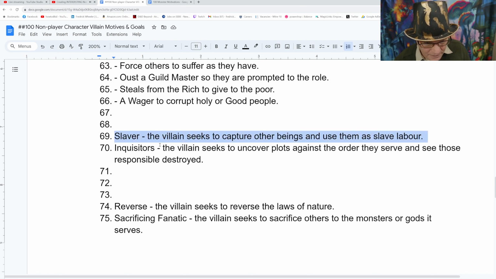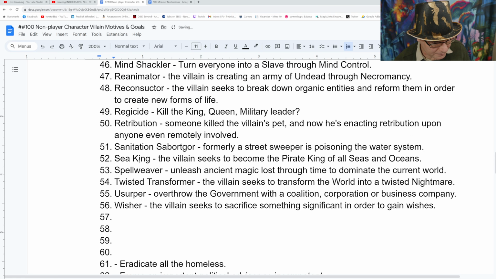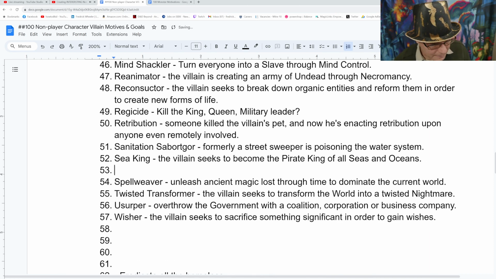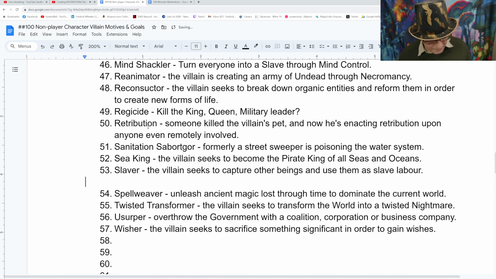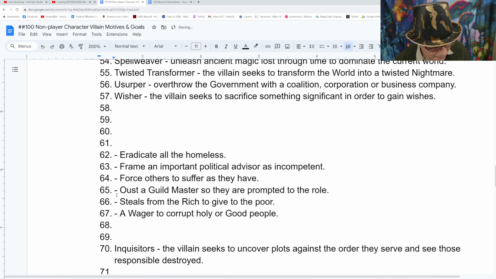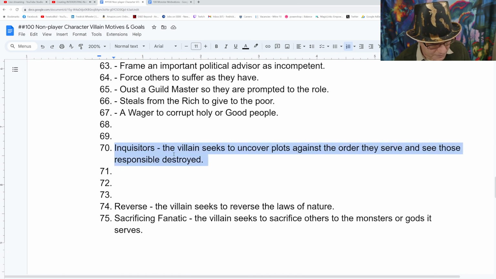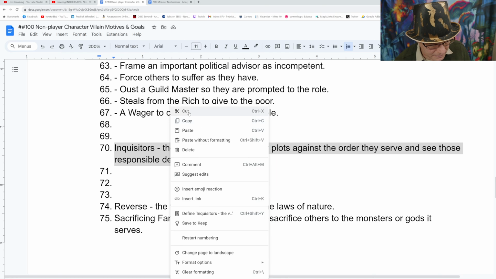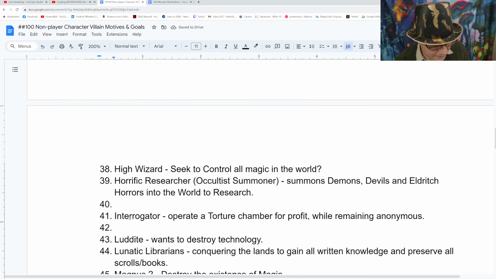Oh, I didn't move the instigator. Inquisitor. I thought I had. Slaver. L in here. Paste. And Inquisitor. Reverse. Sacrifice. Okay. Cut. Okay. Interrogator. Inquisitor.